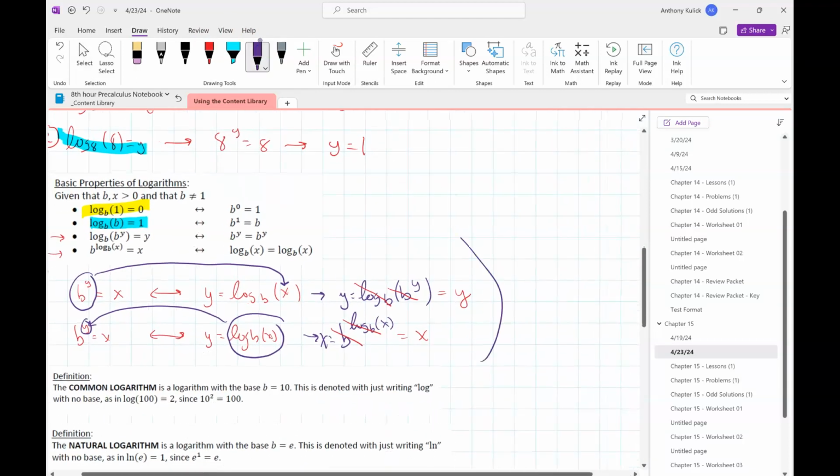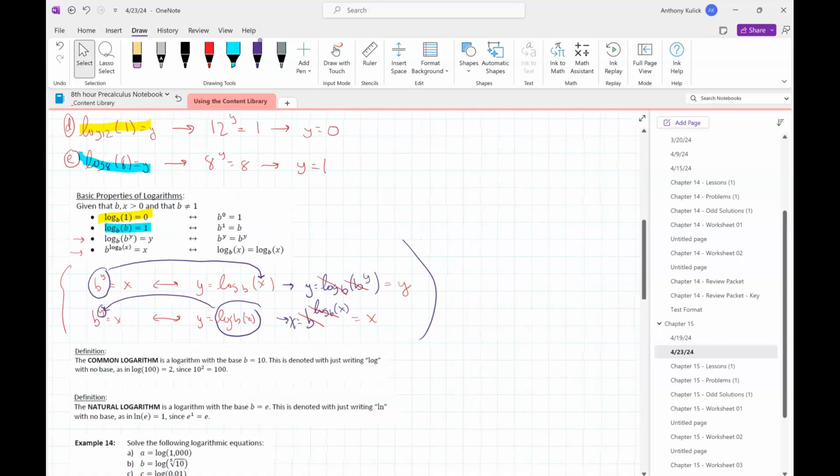So when you look at this process that we did here, this should remind you of something we did in first semester. In fact, something we did in the first chapter of first semester. Oh boy, Mr. Kulik, that was a long time ago. Does anybody recognize what we really did there?